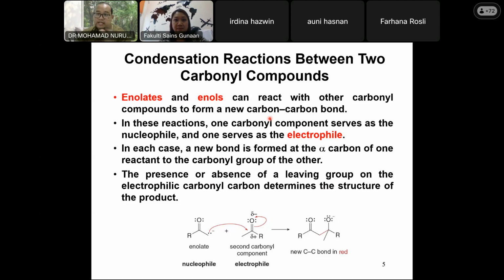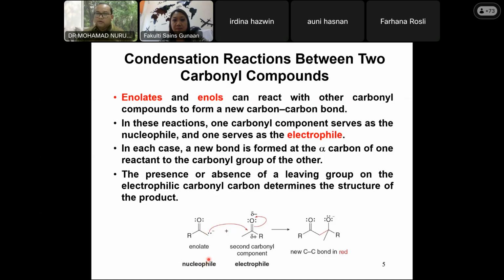In this topic, you will learn roughly 5 types of reactions. I think Dr. Vicky and Dr. Hidayah already covered 3 of them, and for today we're focusing on the Michael reaction and Robinson annulation. To recap, this is the enolate, a very reactive species that we classify as a nucleophile.